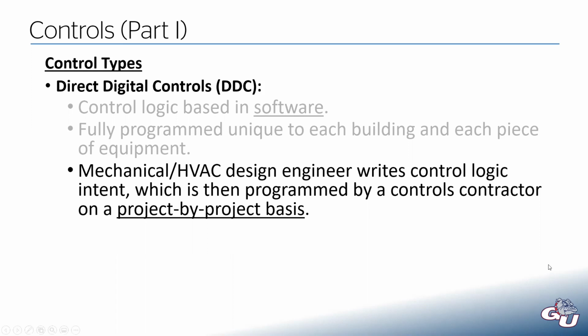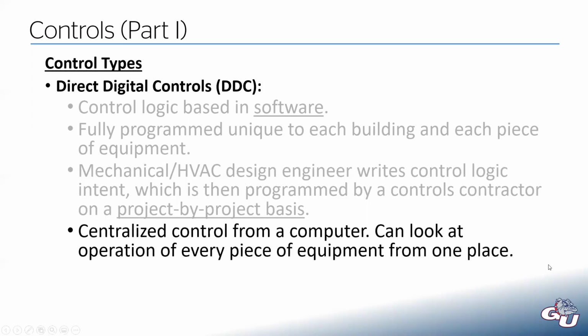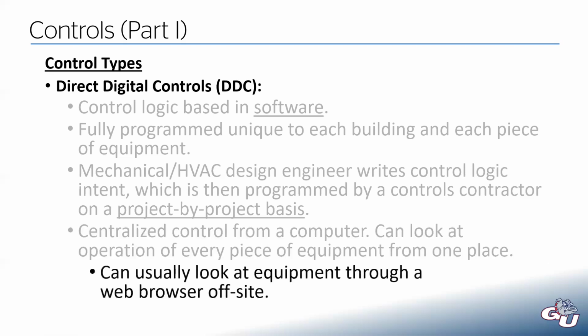And all of this is controlled centrally from a central computer, which means you can look at every single piece of equipment in your building and see what's going on from that one computer. And oftentimes, you can look at that equipment through a web browser offsite.